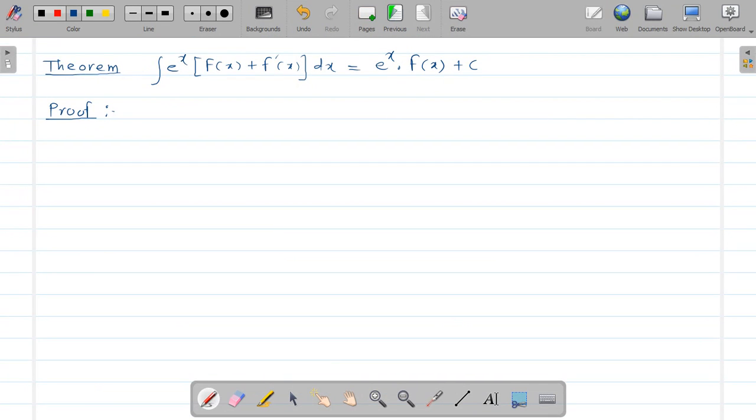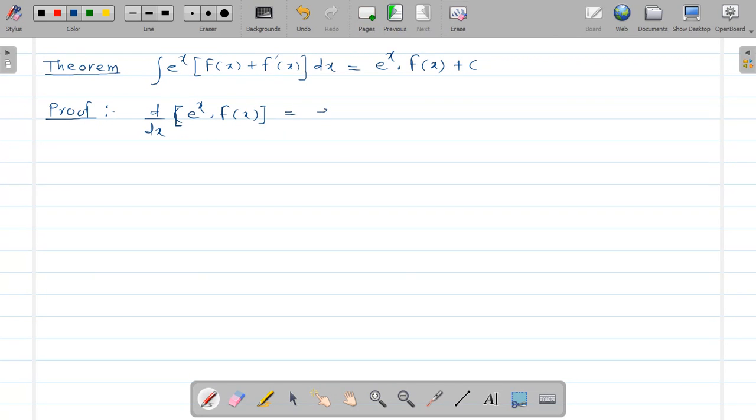Now let us see the theorem here, that integration of e raised to x into bracket f of x plus f dash x dx is equal to e raised to x into f of x plus c. Now how will you prove this? For that, if you take the derivative of e raised to x into f of x, then what will you get? Here you have to use the u into v rule to take the derivative.